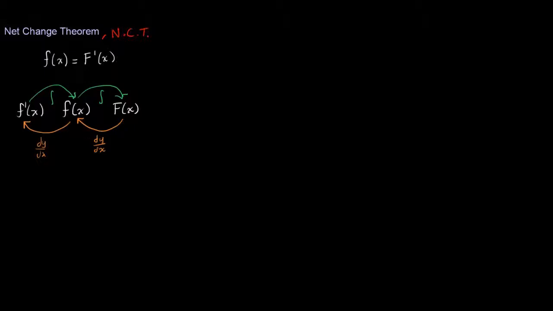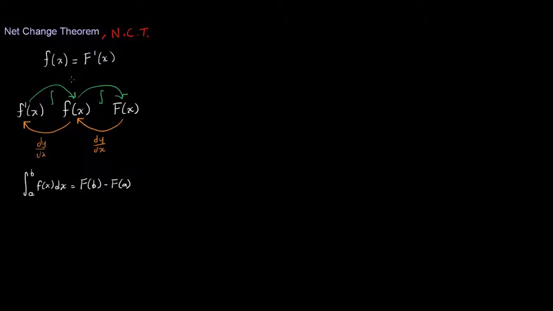Now, this led us as well to another idea, to calculate the area between a function and the x-axis. We use the definite integral, which was the integral between a and b of f of x dx, and this was basically big F of b minus big F of a.